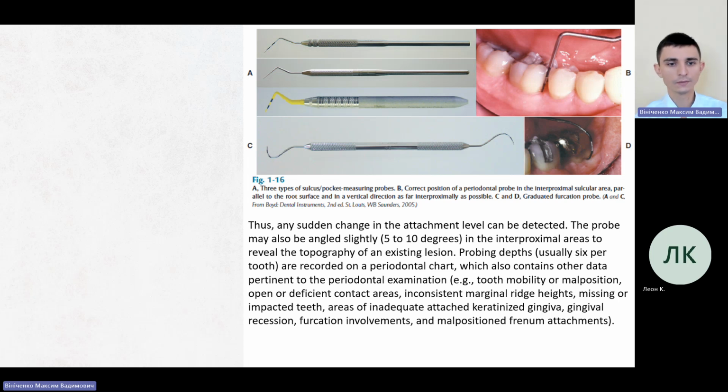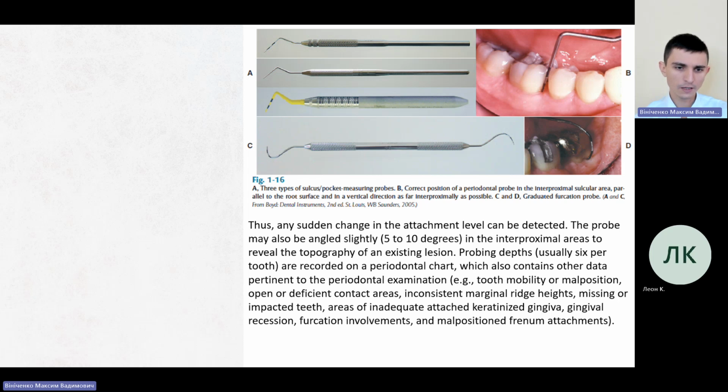The probe may also be angled slightly from 5 to 10 degrees in the interproximal areas to reveal the topography of an existing lesion. Probing depths, usually 6 per tooth, are recorded on a periodontal chart which also contains other data pertinent to the periodontal examination.